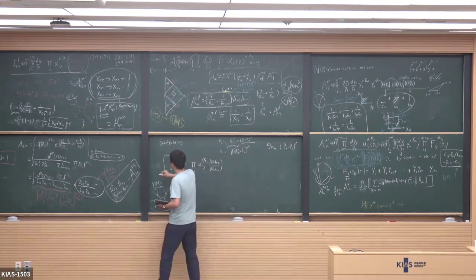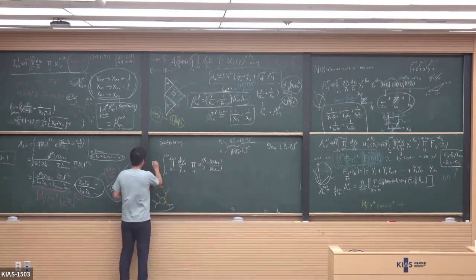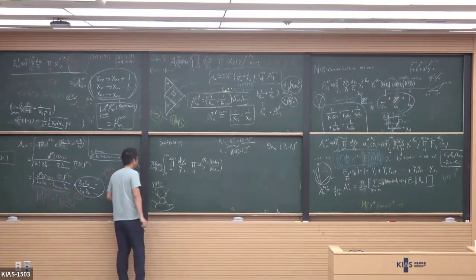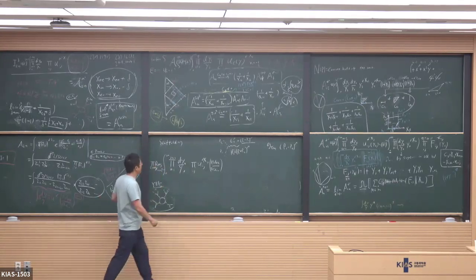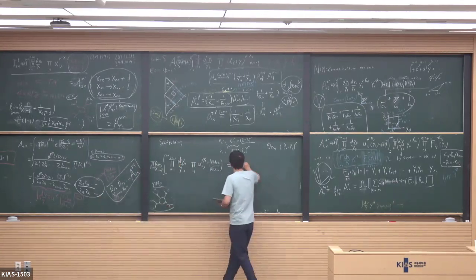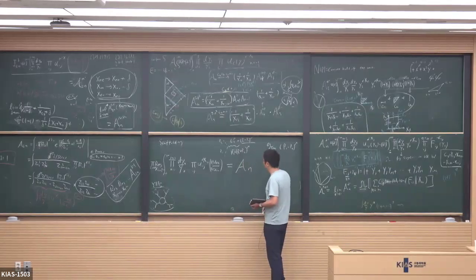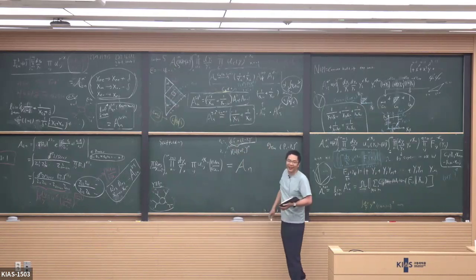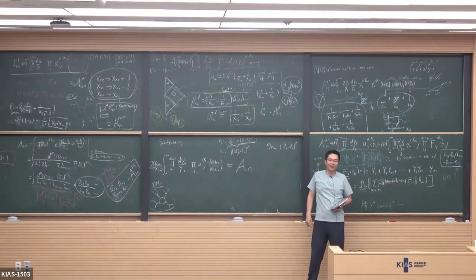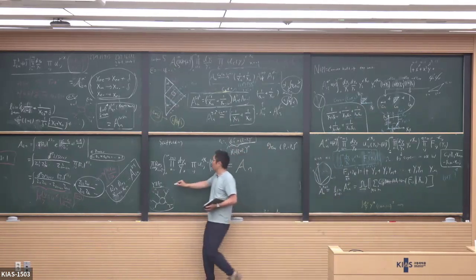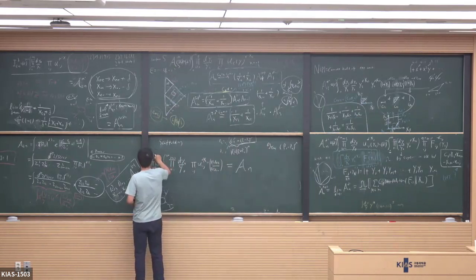This whole amplitude, I'm further taking residues. I'm taking the product of residues at X_{i,i+2} equals 0 when i is odd. Okay? This gives me something that looks like an n gluon amplitude, but with the polarization given by this formula, right? So this is how you extract it, and then of course you still take alpha prime to 0.